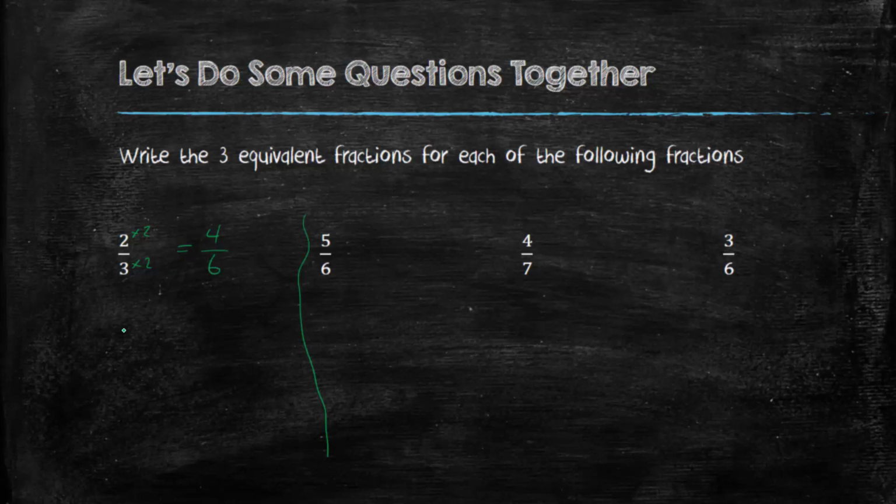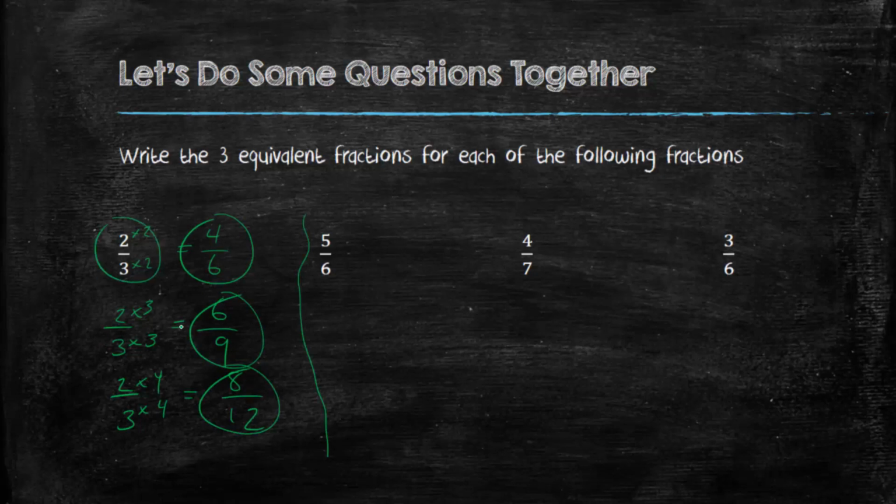That's an equivalent fraction. Okay, if we were to multiply each by 3, what would we get? We'd get 6 over 9. That's also an equivalent fraction. If we were to multiply both by 4, what would we get? Well, you'd get 8 over 12. That would also be an equivalent fraction. So 4 over 6, 6 over 9, and 8 over 12 are all equivalent fractions of 2 over 3.